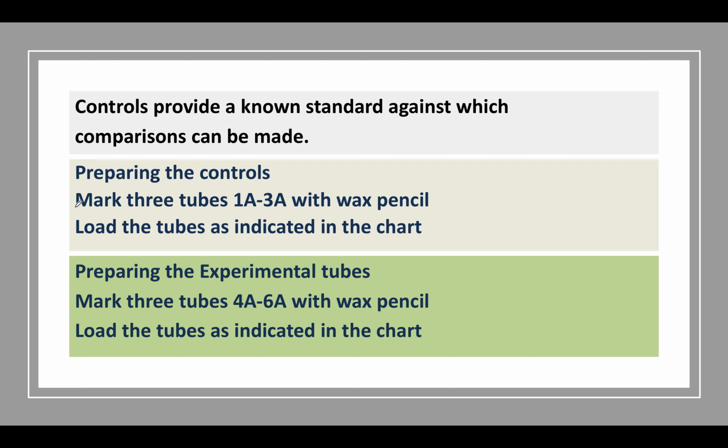So we have to prepare the controls. The controls are 3 tubes. We're going to mark them as 1A, 2A, 3A, and then the experimental tubes are 4A, 5A, 6A.